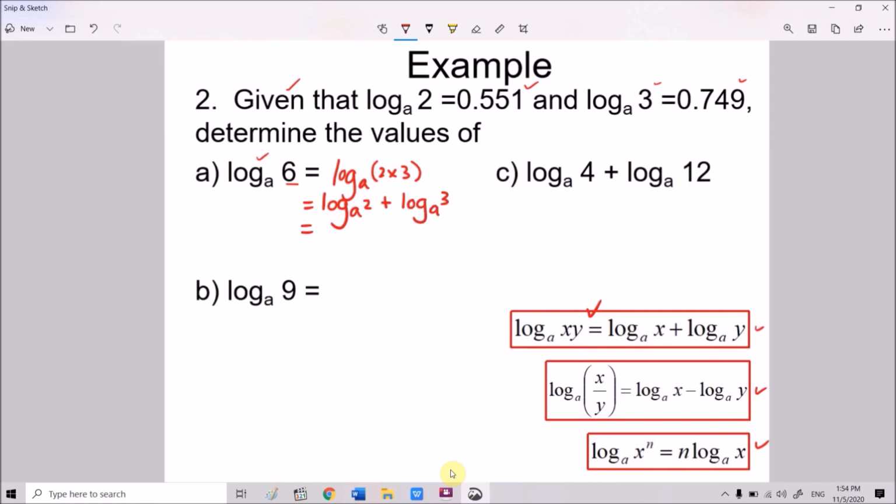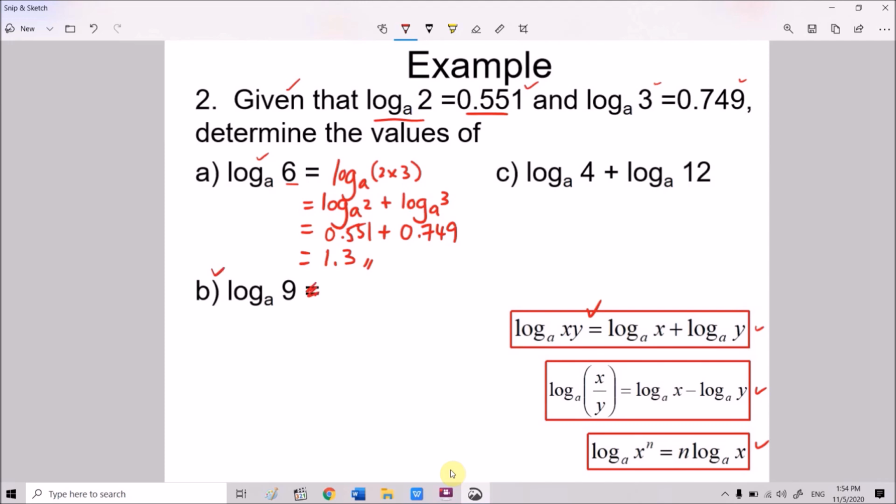And since log base a of 2 here is given as 0.551, log base a of 3 is 0.749, we have the final answer as 1.3.